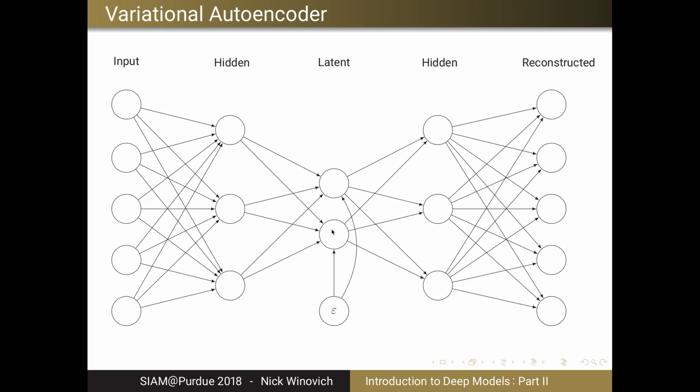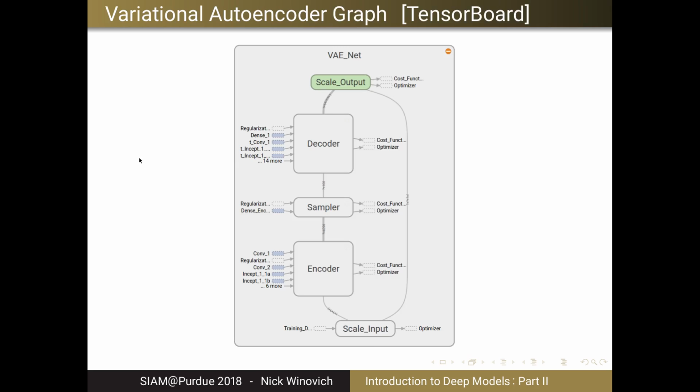We think of this as some space, some manifold, and we're going to inject noise to perform a sampling procedure and use this Bayesian inference framework to reproduce the original input from that latent information. There's a stronger theoretical background in this approach, which helps training considerably.